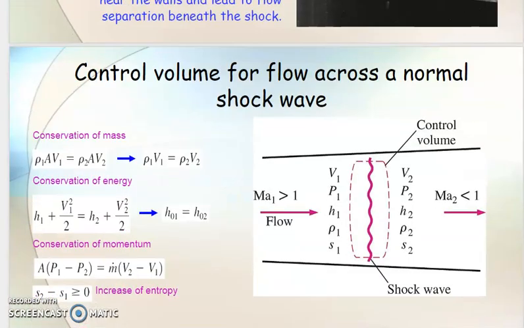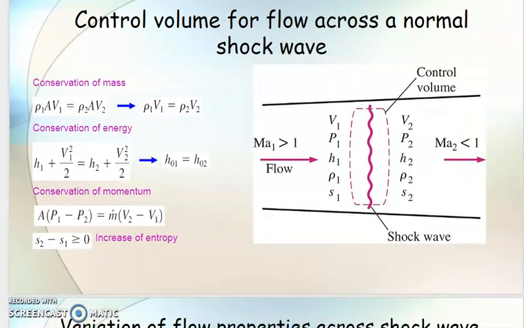So now we take a look at how we analyze shock conditions before and after. So we use conservation of mass, meaning rho1 A1 V1 equals rho2 A2 V2. But the thing is, the shock is a very thin line.